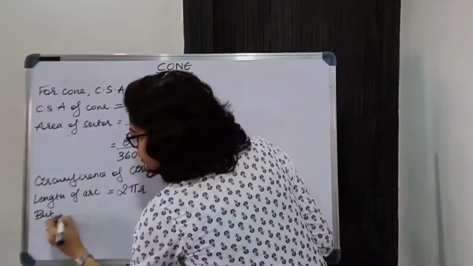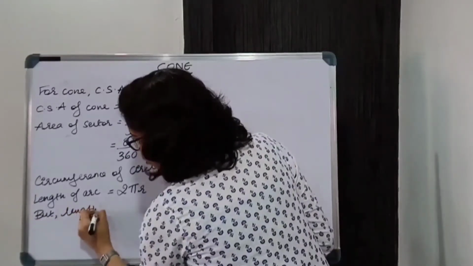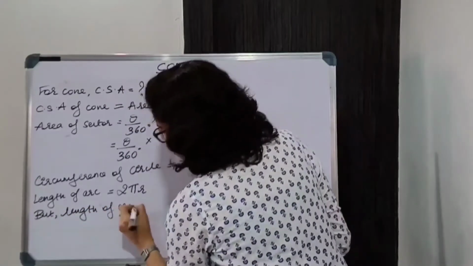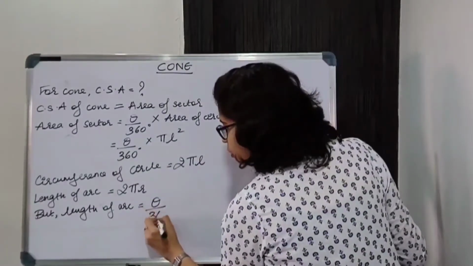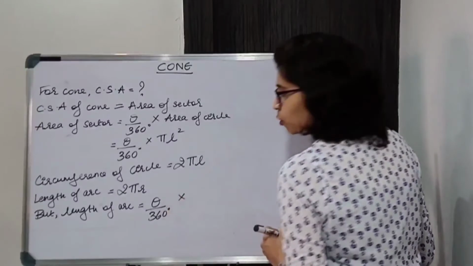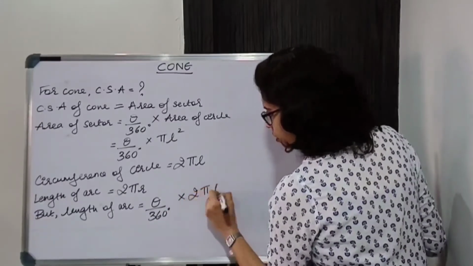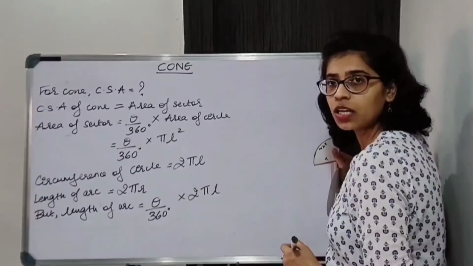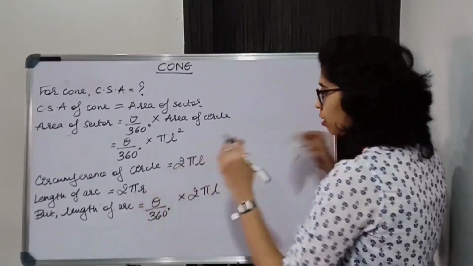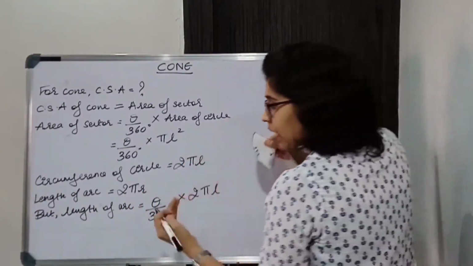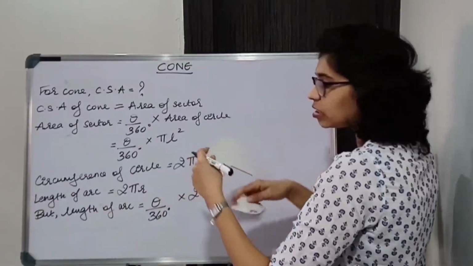But for the length of arc, there is one more formula: it is theta upon 360 into 2 pi L. The length of arc is 2 pi r according to this, but according to the circle, what will I get?